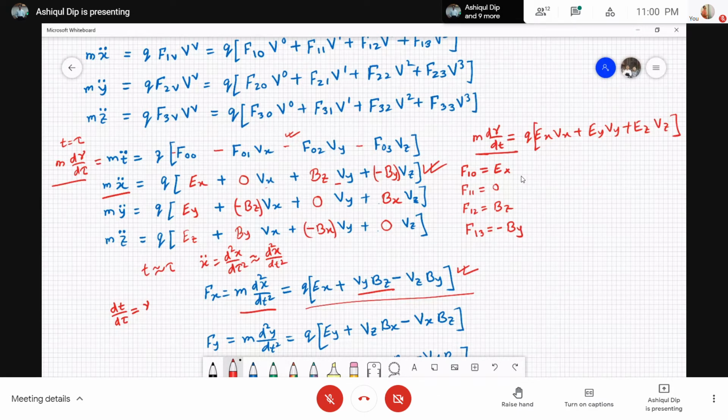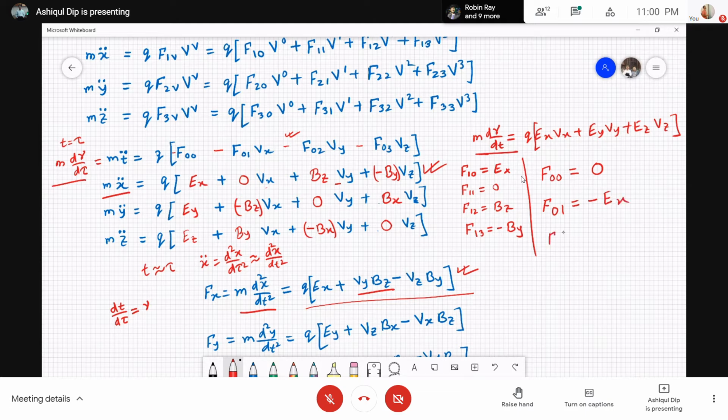From that I can find f00, and so on, just by comparing the two terms. Tell me what f00 is. It's 0. Then f01 is minus Ex.